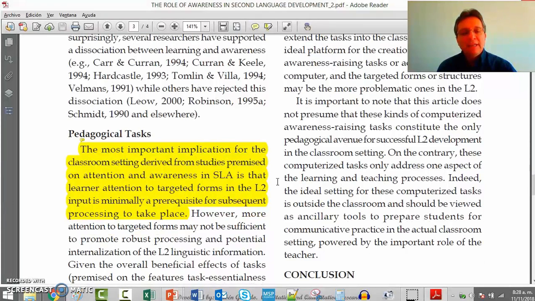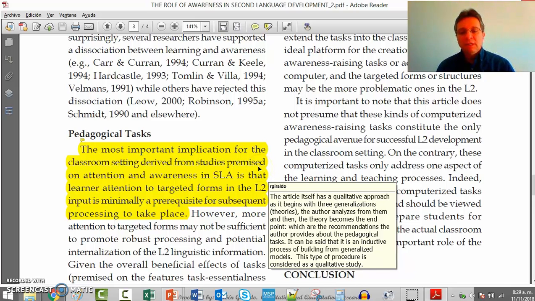Finally, the most important implication for the classroom setting derived from studies premised on attention and awareness in SLA is that attention to targeted forms in the L2 input is minimally a prerequisite for subsequent processing to take place.